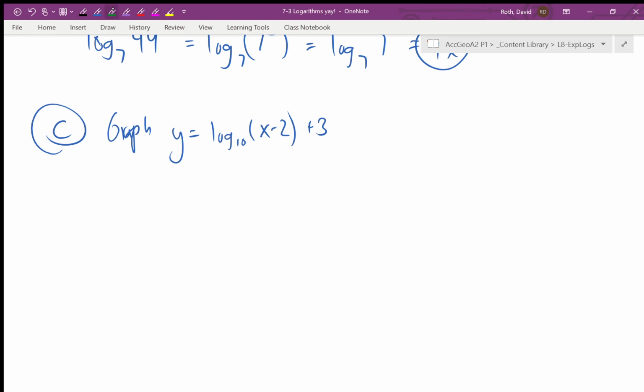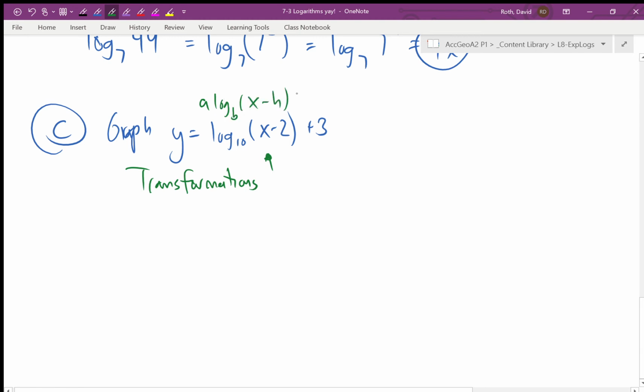And if I think about this, what kind of transformations might be involved here? It looks like this, a, h, and k. There's an a log base b of x minus h plus k, just like there always is. It looks like this is going to do a right 2. It looks like that's going to do an up 3.